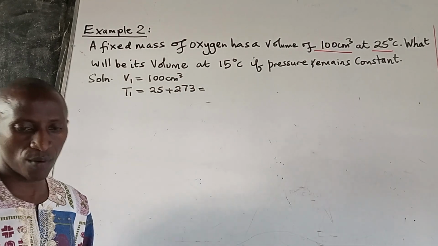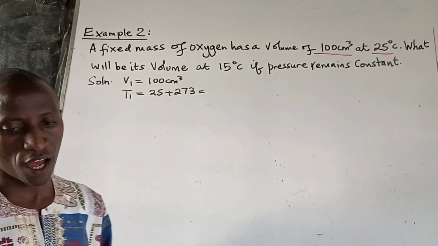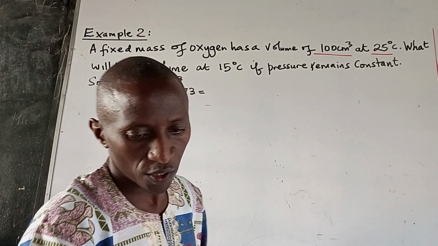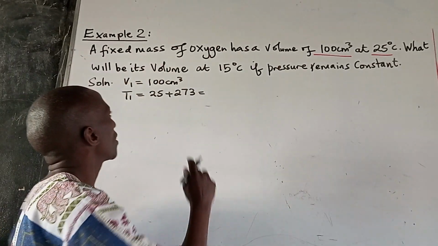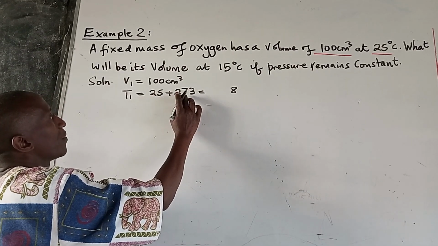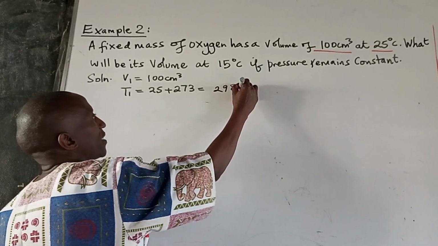So viewers, on our calculator, let us punch in that. We have 25 plus 273. That gives us 298 Kelvin.